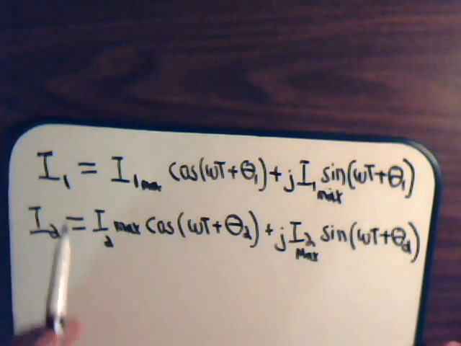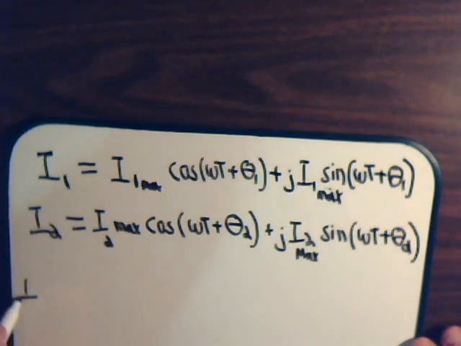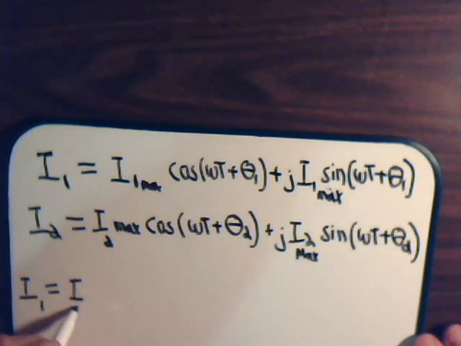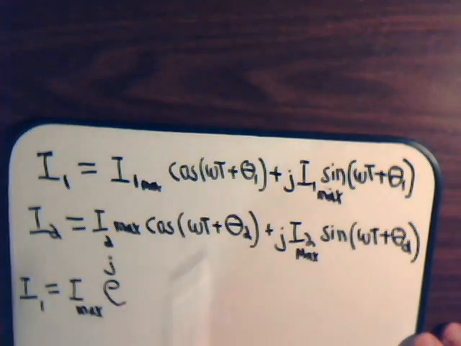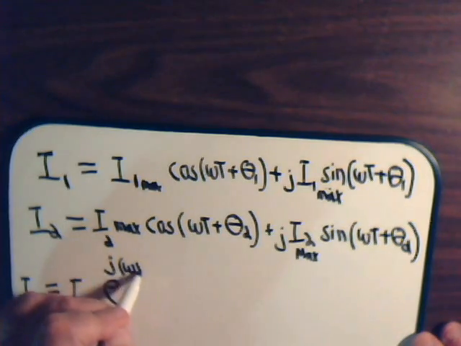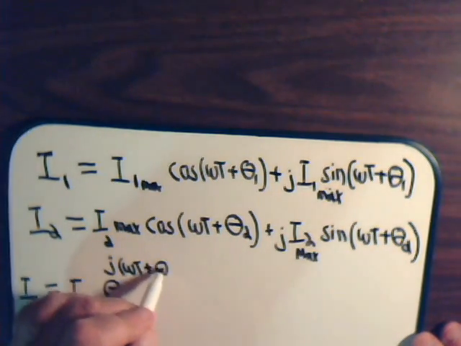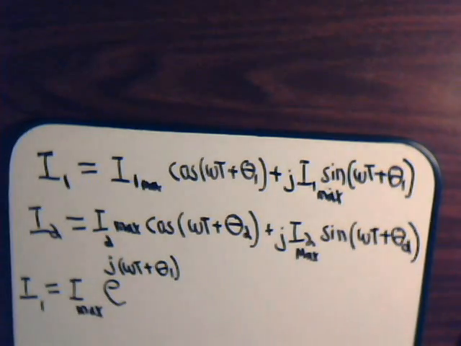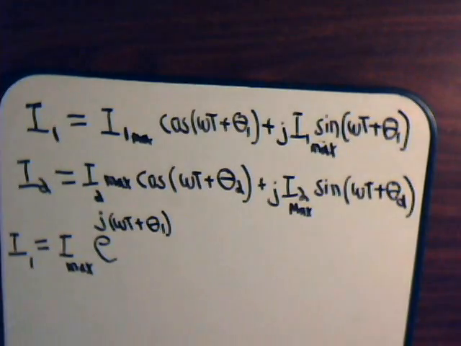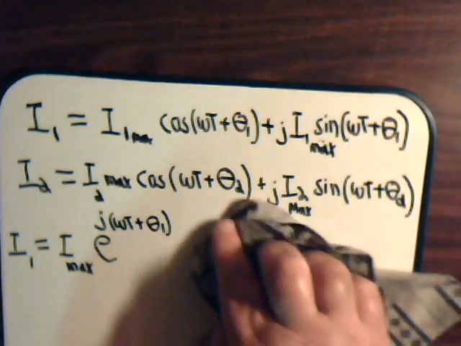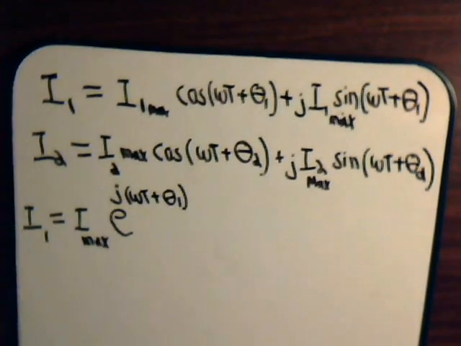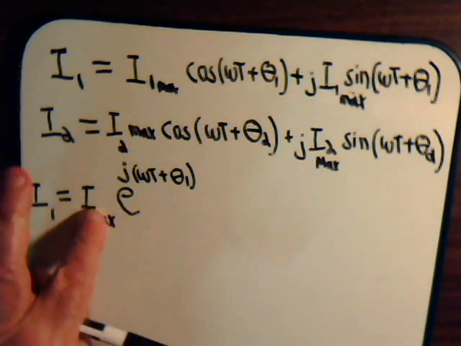We could say that I1 equals I1 max times e to the j, and this would be omega t plus theta 1. And then I2, let's write I2 down here, if this is I1 max.